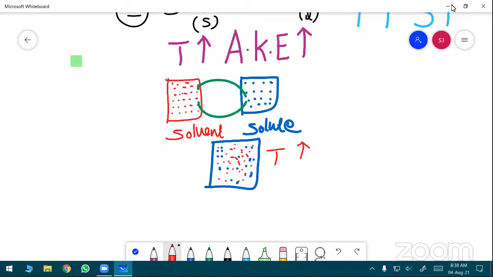As a result, they can easily mix with each other. Thus, the solubility increases. In such a way, we come to the conclusion that when temperature increases, solubility also increases. This is the first point.